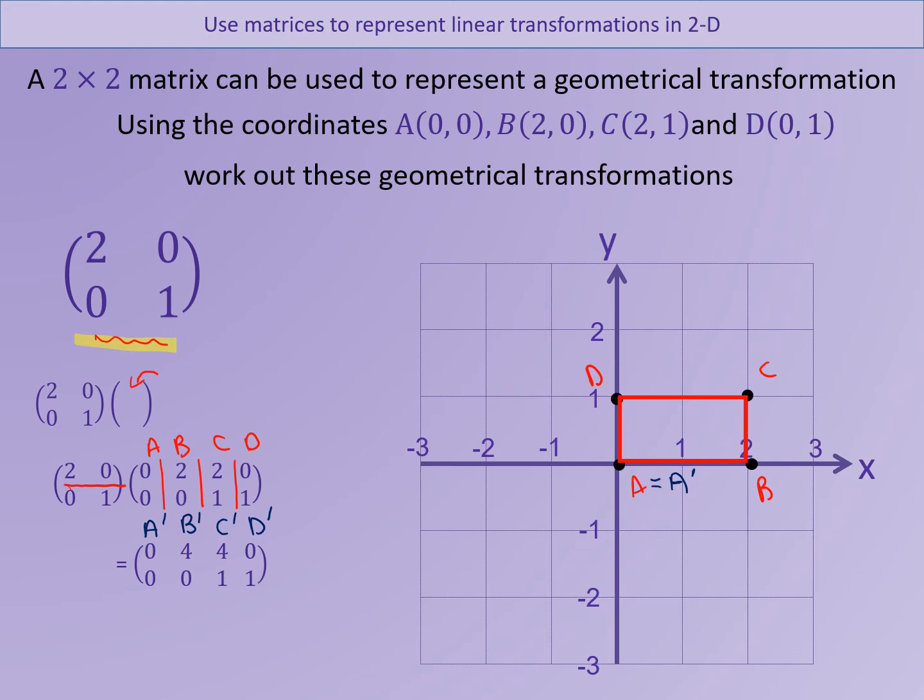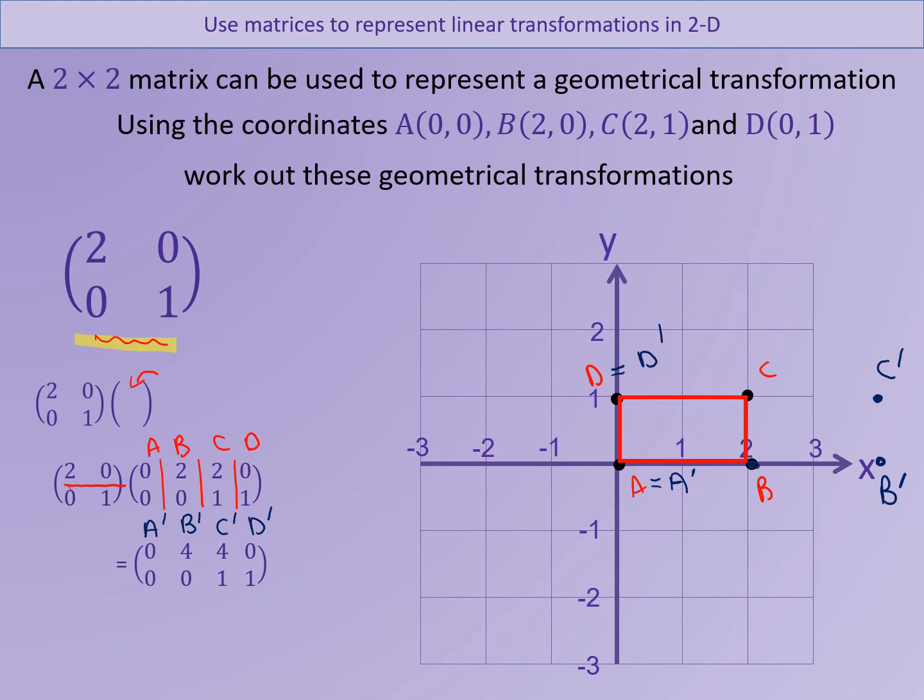B 2, 0, so this coordinate has been transformed to the coordinate 4, 0, which is just over here. C has gone from 2, 1 to 4, 1. That's up here. And D has transformed from 0, 1 onto itself, 0, 1. So this remains in the same position.